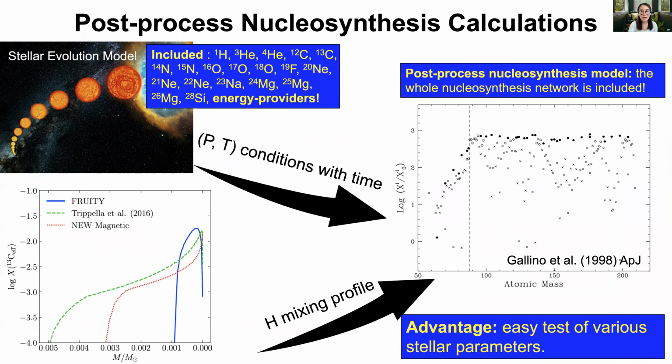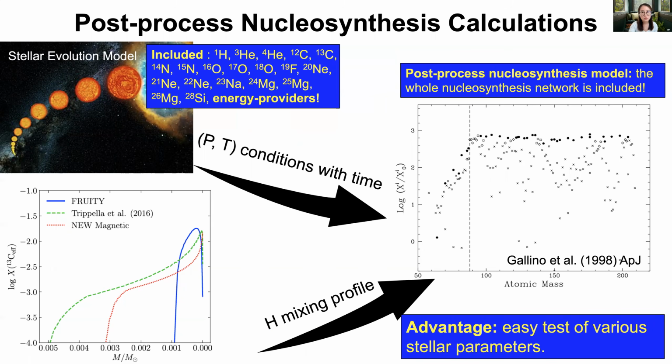So in the following slides, we're going to compare the mainstream grain data with AGB model calculations. These calculations were done using a post-process approach. In detail, the AGB stellar models only include a minimum set of nuclides whose fusion reactions provide the energy for a star to evolve.